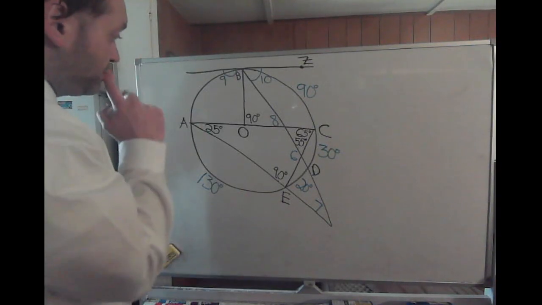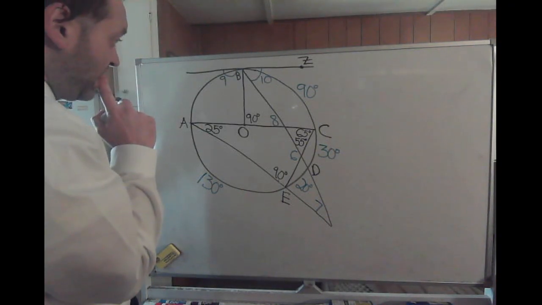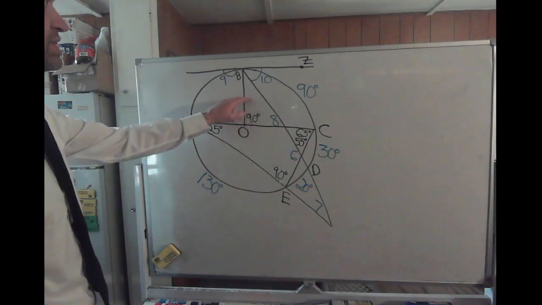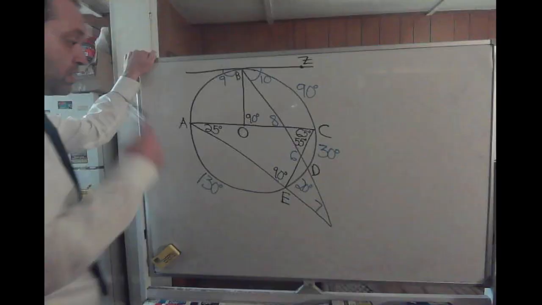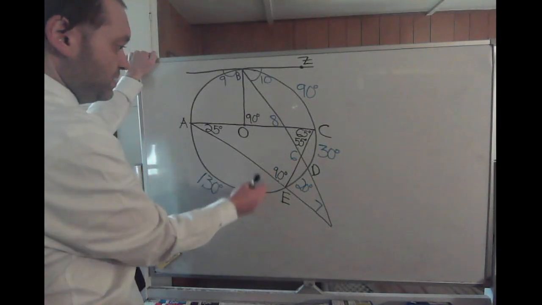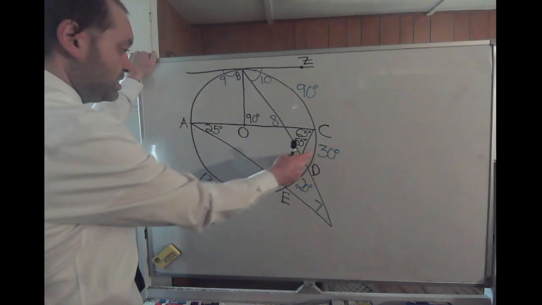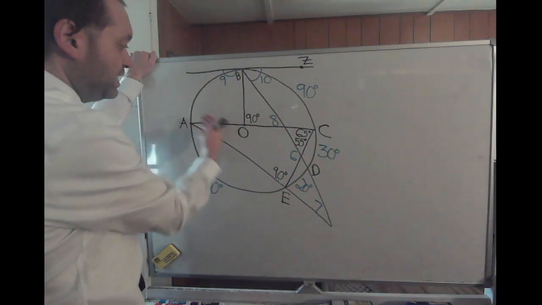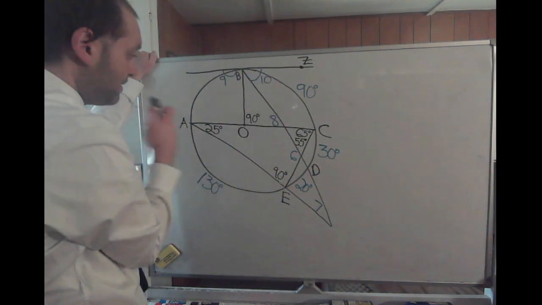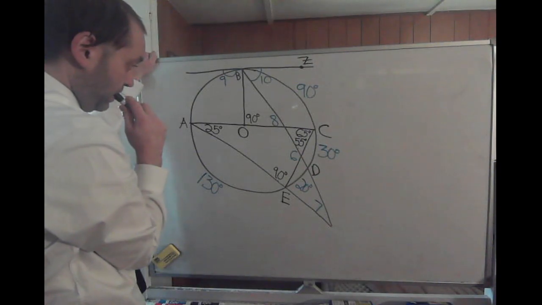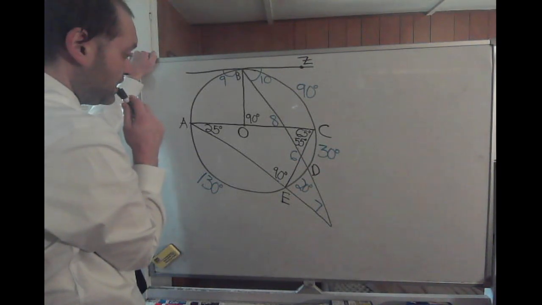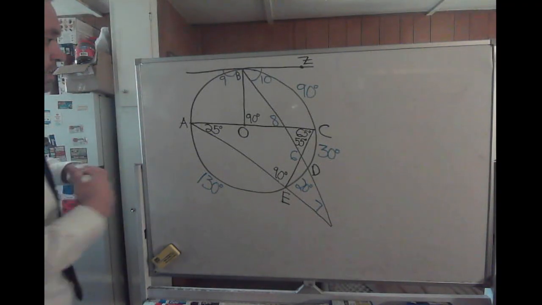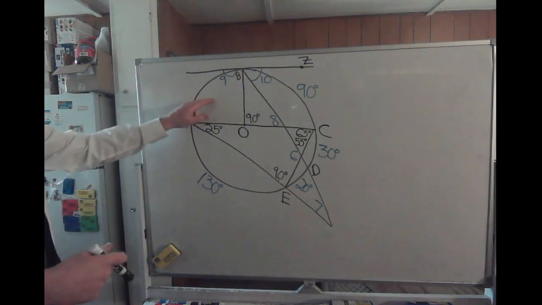But then the other part of that is, what is the arc that it intercepts? Let's take a look at this here. It goes from here to here. So that would be this arc right here.